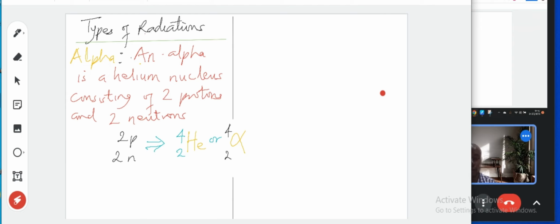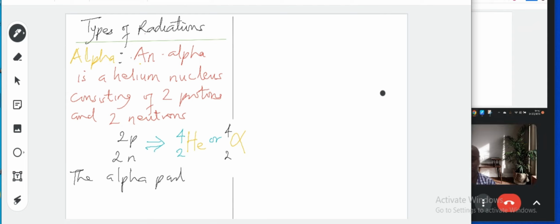Okay? So that's why an alpha particle will have what kind of charge? What will be the charge of an alpha particle? It's positive because it has 2 protons. Positively charged.